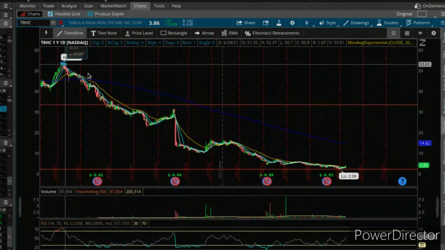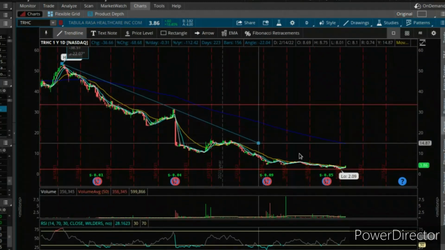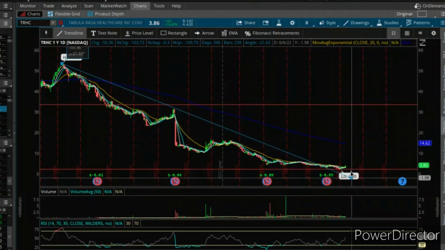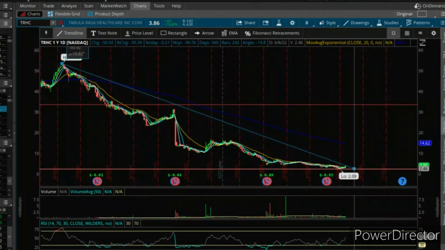I always was taught 1, 2, and through. So 1, 2, and through. So that would be my trend line. Or you could put it right here also. That's 2 touches.